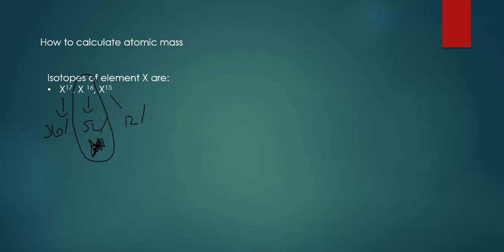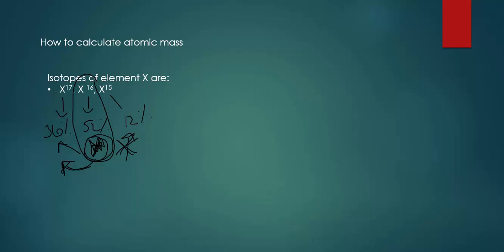But the fact that I have more of X17 than I do of X15, it should be closest to 16, but a little bit larger because I have more 17 than I have 15, so it should be a little bit larger than 16. So let's see if we can calculate this and come out with the right answer.